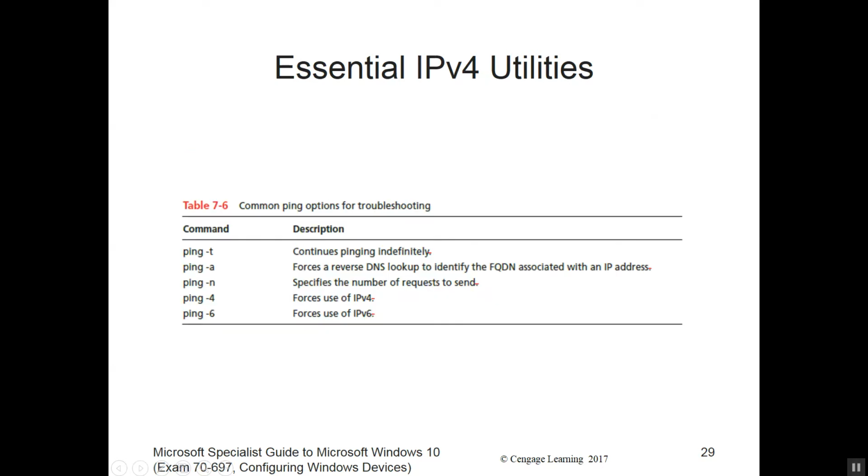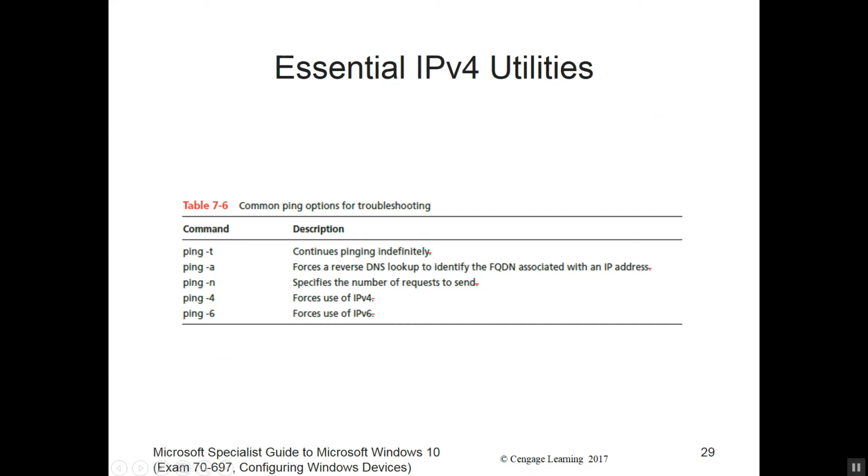We've got pings, where we can ping a specific machine on the network, or I should say test to see how long it takes to connect to another device, and we'll send packets out and get packets back. If I did ping -4, it'll force the use of IP version 4. Ping -n specifies a number of requests to send.